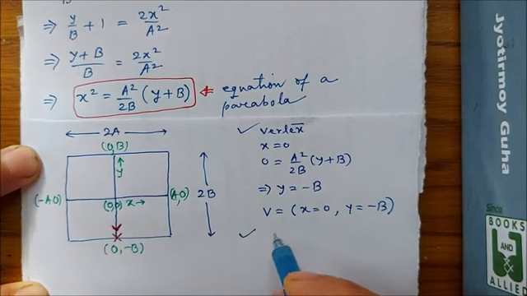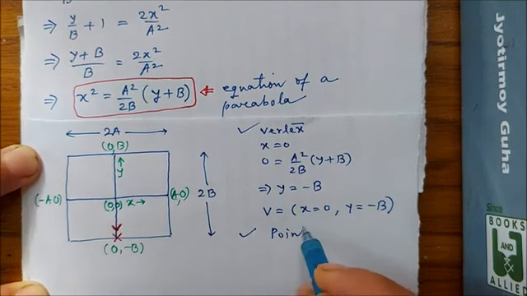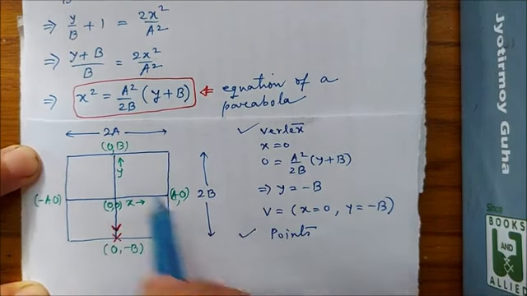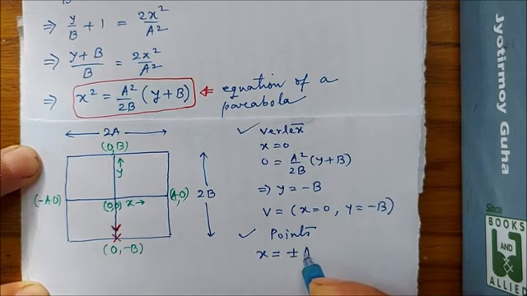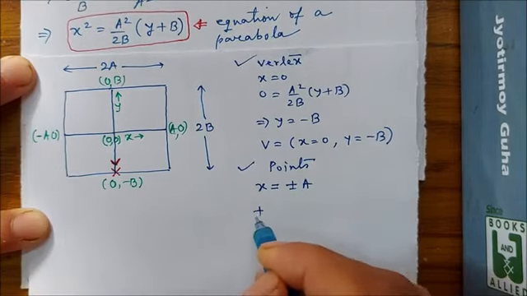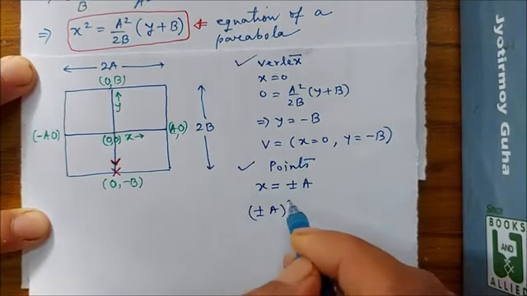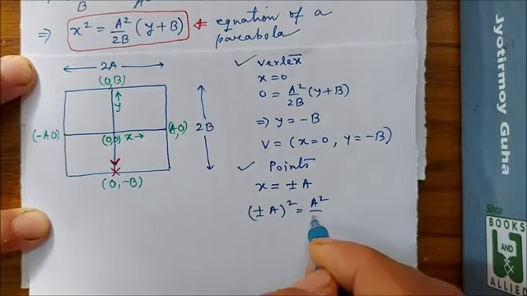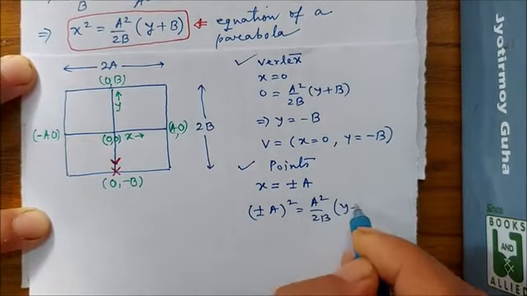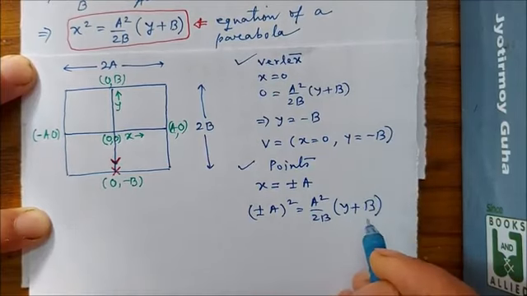Let us find two other points from this equation corresponding to, say, x equal to plus minus a. So we have plus minus a whole square equal to a square by twice b multiplied by y plus b.